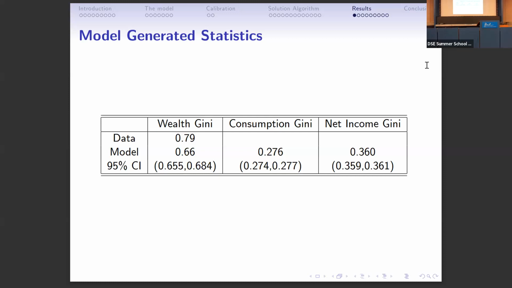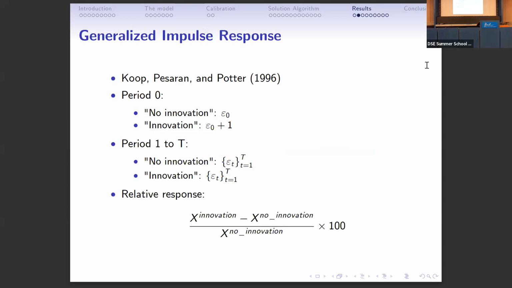We know the Krusell-Smith model cannot really match the wealth Gini unless you introduce preference shocks or discount factor shocks. This is not true for this HANK model with distribution. The consumption Gini and net income Gini are in line with what they should be in the data: much lower than the wealth Gini.